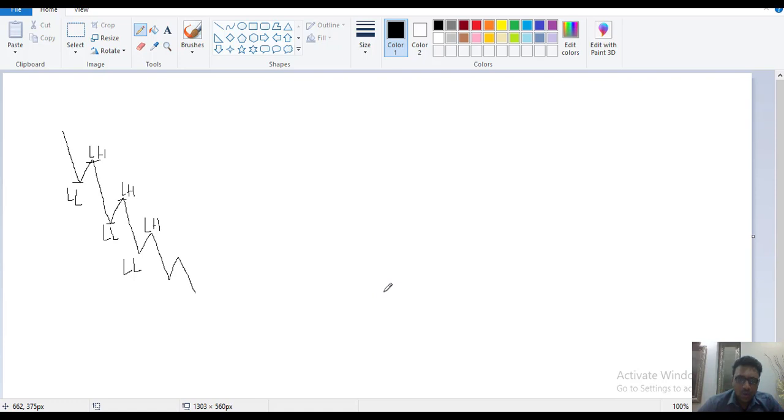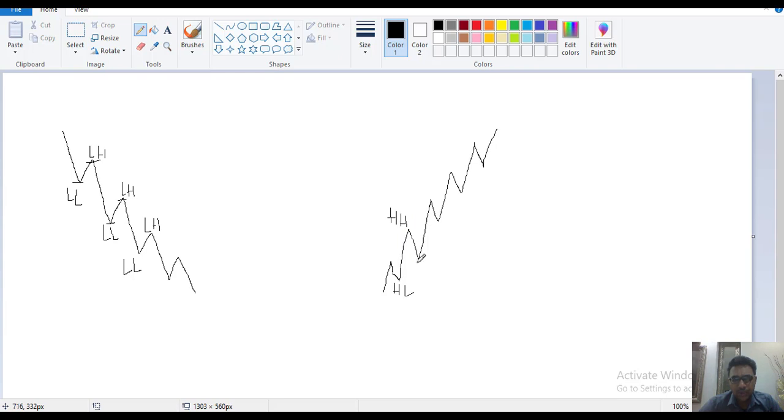So what is an upper trend? The upper trend is similarly a staircase moving upside. And the rules are that it makes a higher low and a higher high, right?